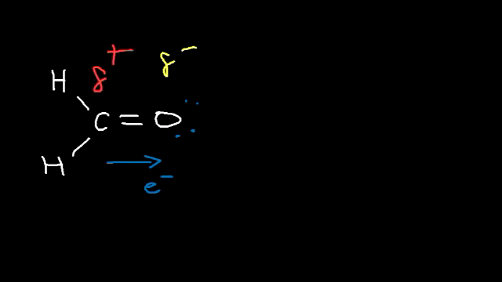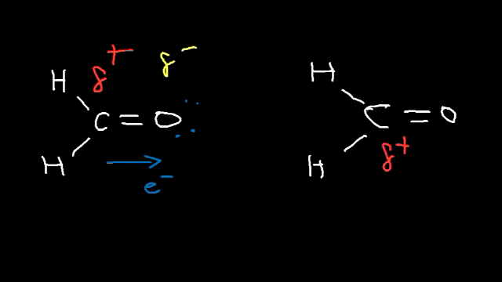It has a partial positive charge. So the interaction between one formaldehyde molecule with another creates the dipole-dipole interaction. So this partially positive carbon atom on the right is attracted to the partially negative oxygen atom on the left. And so this is the dipole-dipole interaction.